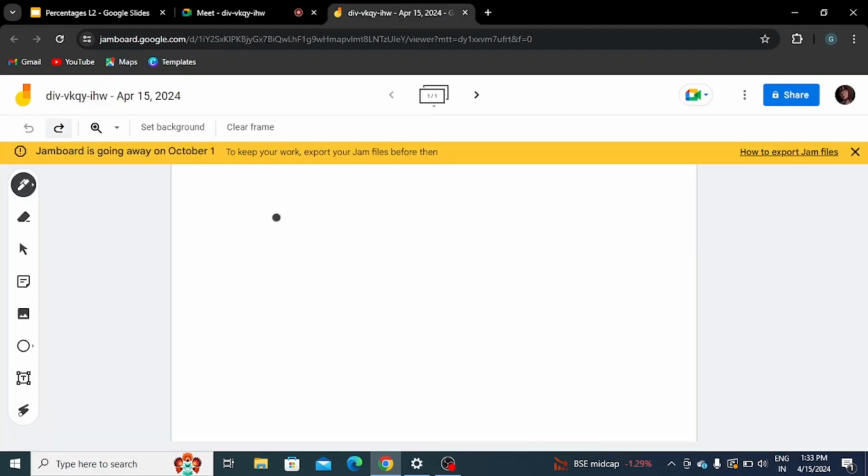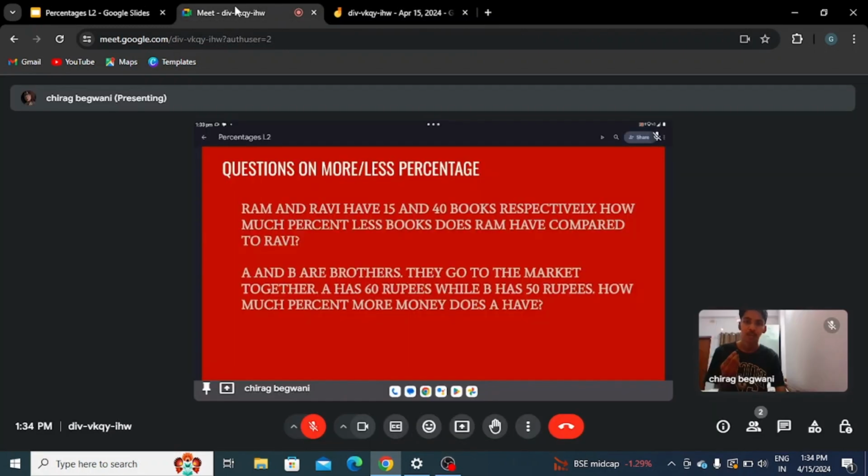So the difference will be 40 minus 15, which is 25. 25 is the difference now. 40 is the second number.